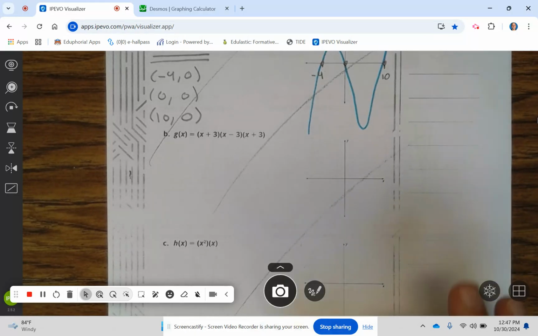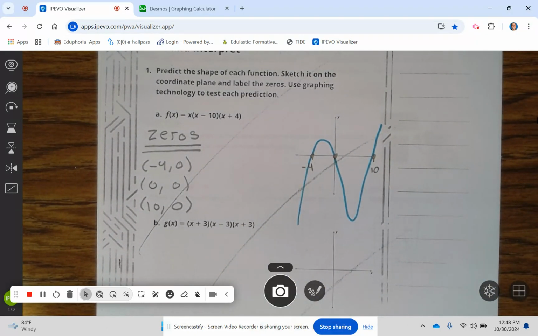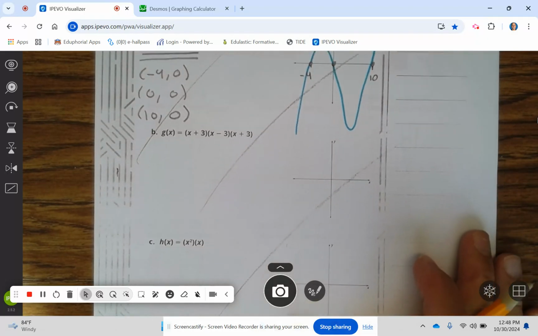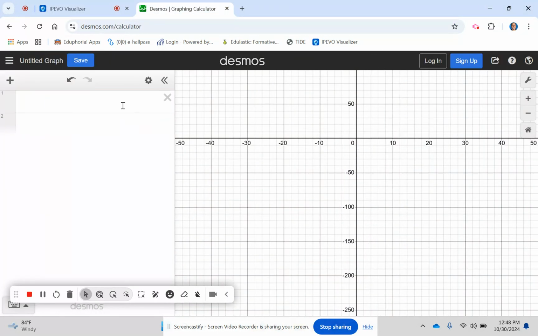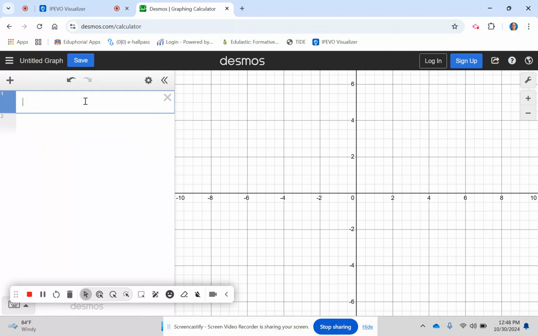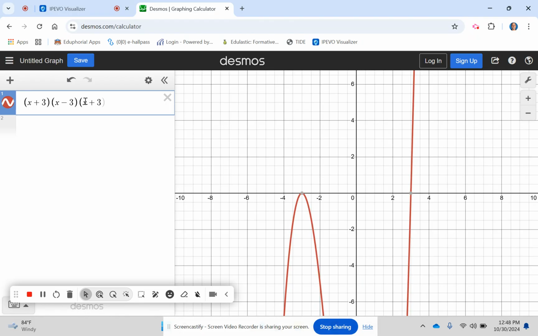Oh, there we go. All right, let's go ahead and finish up B. So let's go ahead and graph that. So I'll mark this out. I'm going to press the home screen and then x plus 3, x minus 3, x plus 3.